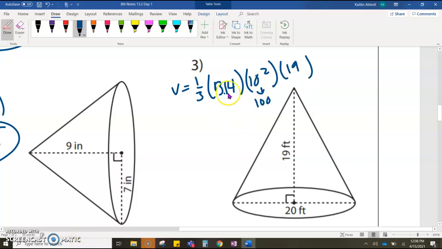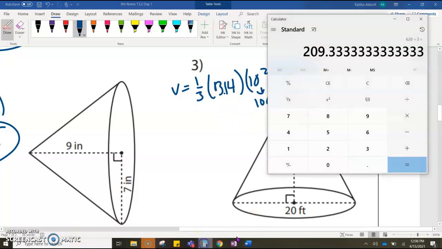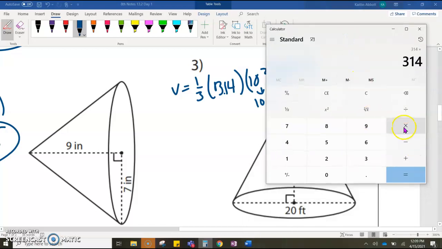So now let's shove these in the calculator. 3.14 times 100 times 19. It was 5,966. And then don't forget we need to divide by 3.